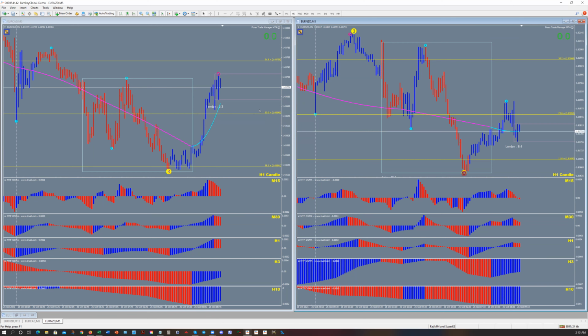Then pick the most recent turnarounds on the H4, meaning where the price is in comparison to the turnaround ball, 2-ball, 1-ball, 3-ball. See the direction on the H4, pick the two pairs from that and just wait.